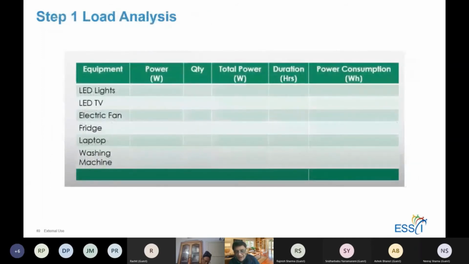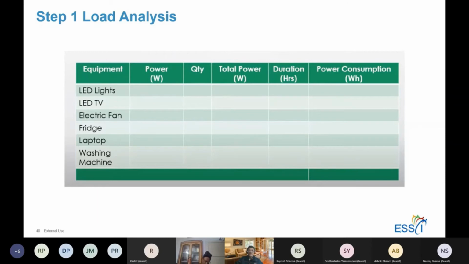Now I'm going to do a slightly different version of a load analysis. One of the simplest ways is that if you are trying to take a grid connected site to an off-grid condition, then you would just take the bill and use that to calculate your average load. But if it is really a site which never had any electricity and now you're going to put electricity there, then you'll do the load analysis.